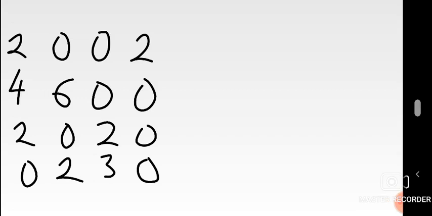So the rule is that on those uncancelled numbers, you choose the least one and subtract it from all those uncancelled ones, and then rewrite a new matrix after you've distributed that least number around them.